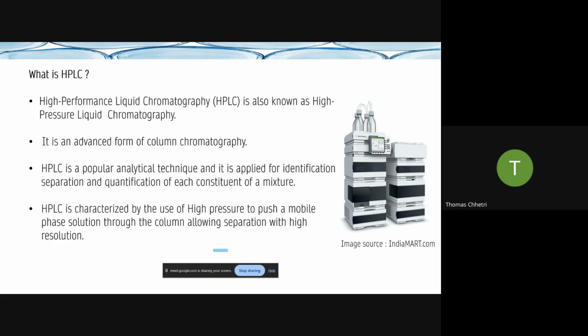So we can say it is an advanced version of column chromatography. HPLC is used for identification and separation and quantification of each constituent of a mixture. So HPLC usually uses high pressure to push a mobile phase solution through a column, allowing separation with high resolution.